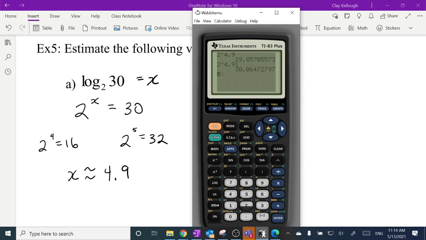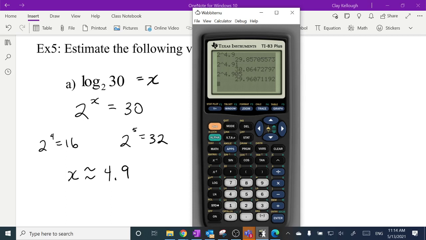How about 2 to the power of 4.905? Split it in the middle. Oh, we're a little smaller again, but we're closer. You get the idea. I could keep going and find another decimal, then another decimal, then another decimal. Would I ever stop finding decimals? No, I'm dealing with irrational numbers.